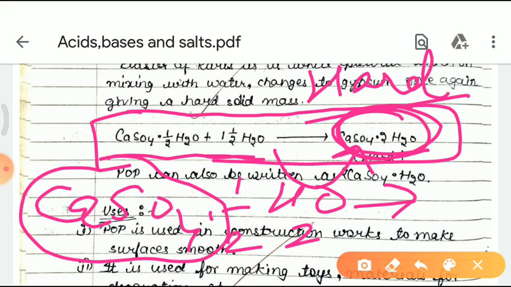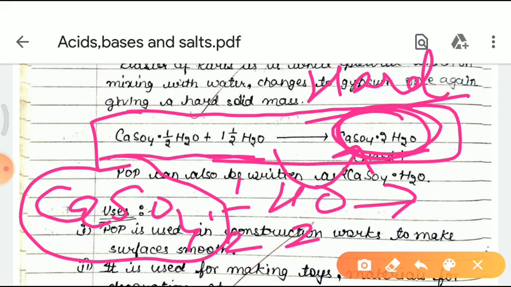This question can be asked in a different manner, or it can be asked like this, that what would happen whenever plaster of Paris is left in the open. What will happen when we leave plaster of Paris in the open? If we leave the plaster of Paris in the open, then it may absorb the water molecules and it can be converted into a hard mass or solid mass by the formation of gypsum, right? Okay, so in these two ways the same question can be asked, but the answer is the same.